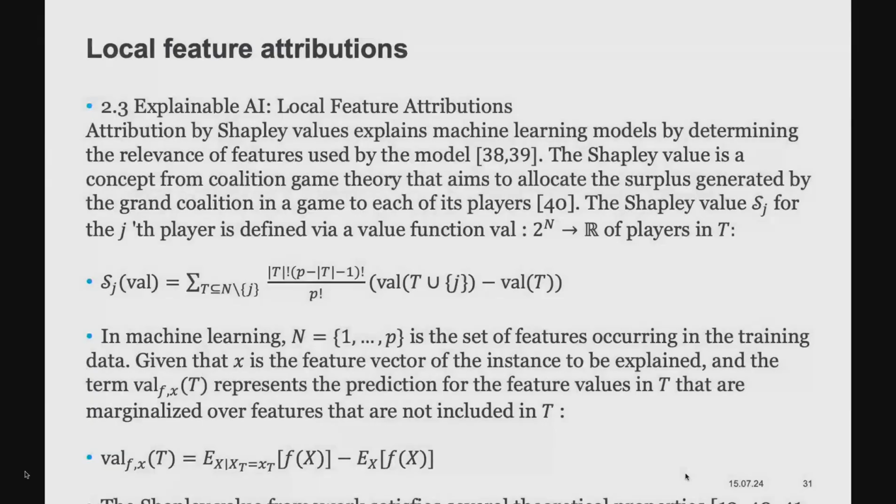So the question is, how much does an attribute contribute towards a particular classification, for example? And we may have a particular function, the val function, that tells us how a certain set of attributes produces a certain outcome.